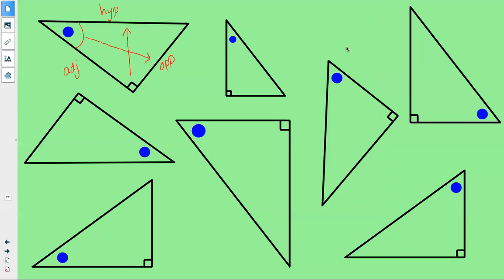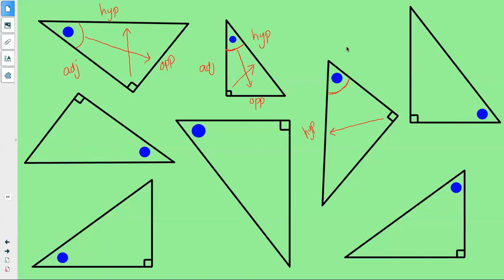Next one. Again, across from the right angle is called the hypotenuse. Across or opposite this angle here is called the opposite, and the last one is called the adjacent. Next one, opposite the right angle is called the hypotenuse.